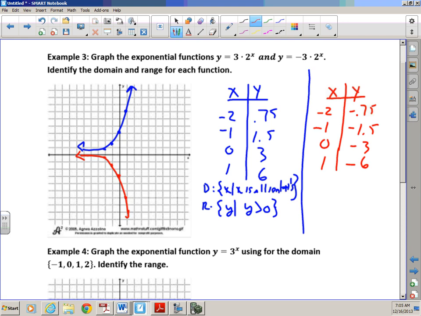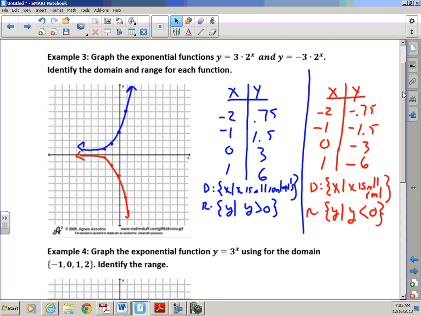So it's the same graph, except it's upside down. Now let's make sure we understand our domain is still all real, but my range is a little bit different because it's y is less than 0. It's every y value below 0, okay?